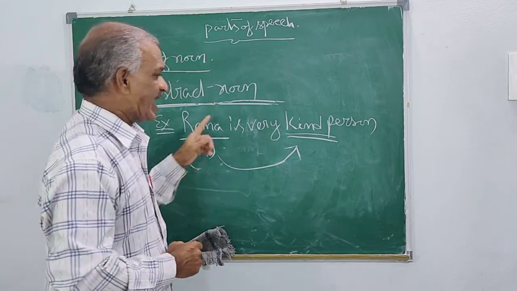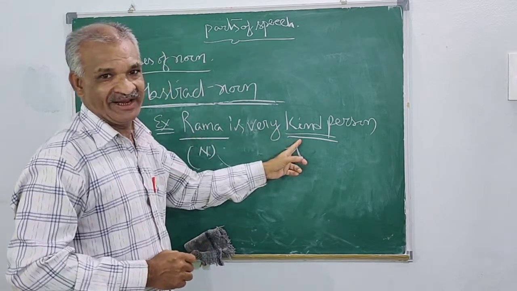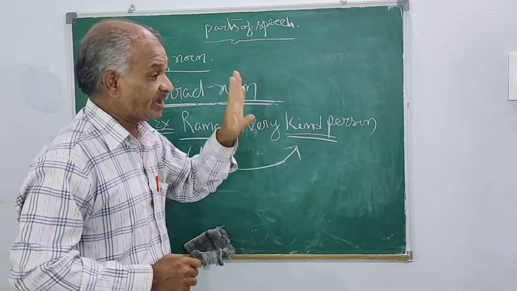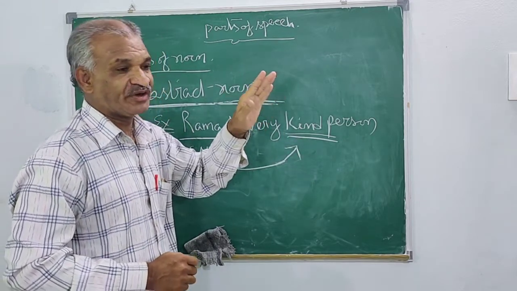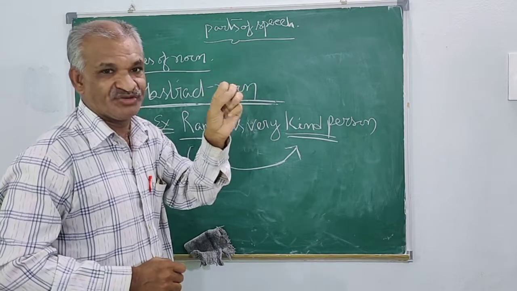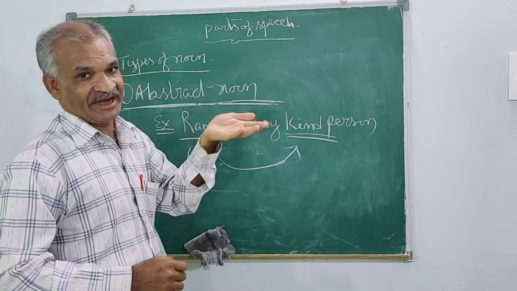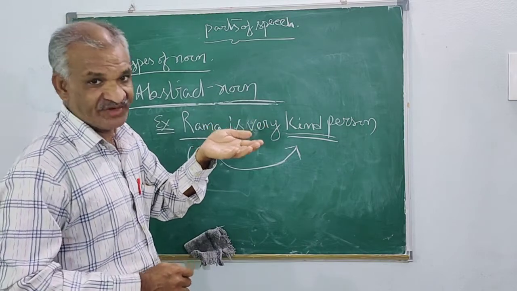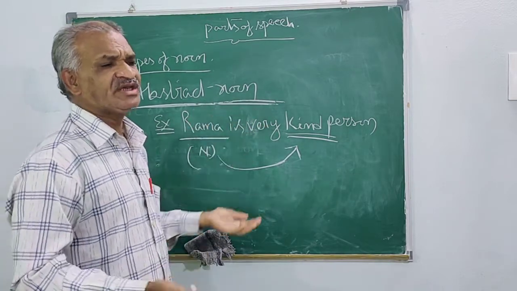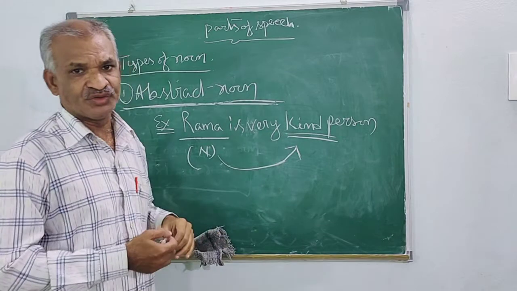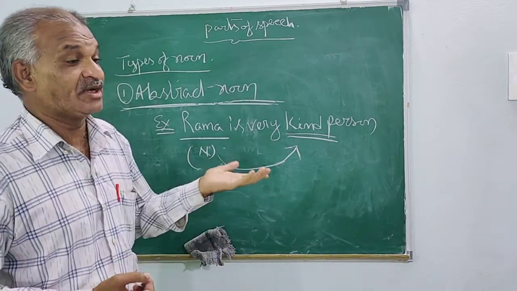So you can enjoy his quality, but you cannot touch it, you cannot catch it, you cannot hold it, but you can feel it by his activity and by his behavior. Suppose he is very fair to you, then you can say that Rama is very kind.